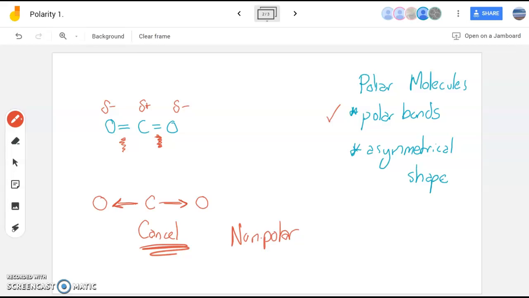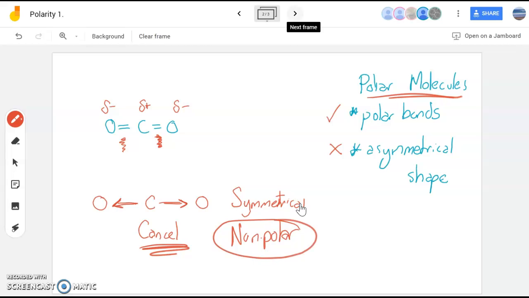And so symmetrical shapes tend to result in this cancelling out of the polar bonds. And that is no good if you want to be a polar molecule. So even though carbon dioxide has polar bonds, it has a symmetrical shape, so those polar bonds cancel, and overall the molecule is non-polar.